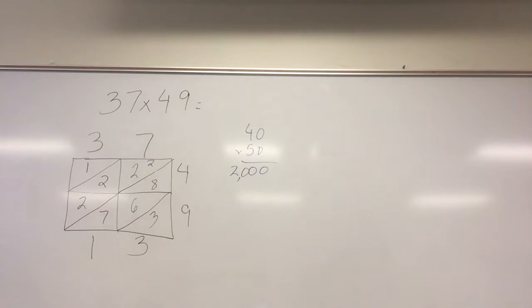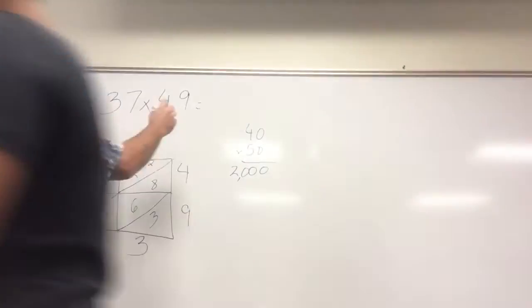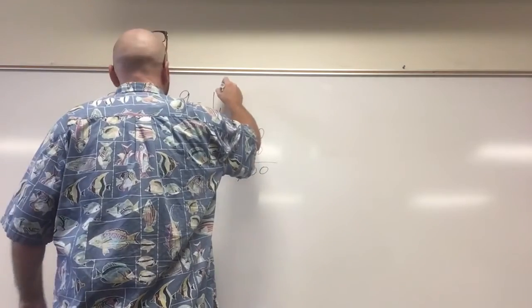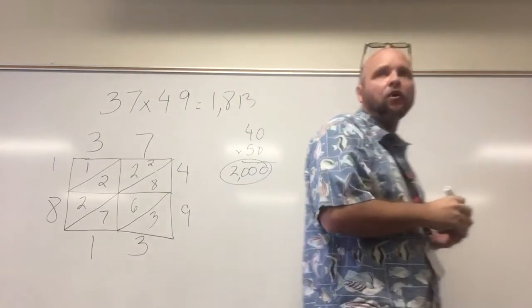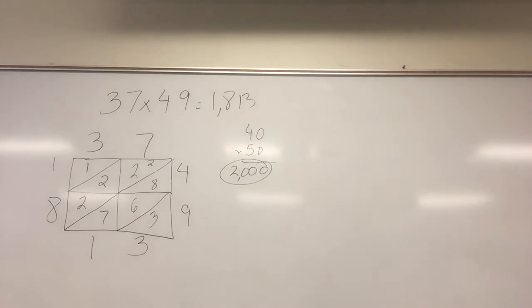My third diagonal has 2 plus 2, which is 4, plus 2 is 6, plus 2 is 8. Nothing to carry. So it's 1. So my answer I got here is 1,813, which is close to my estimate. So that sounds logical.